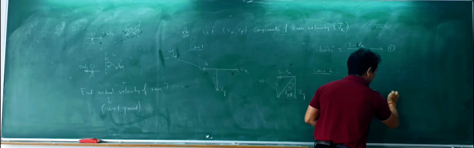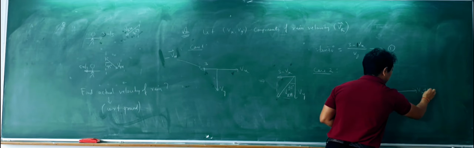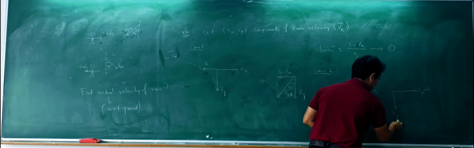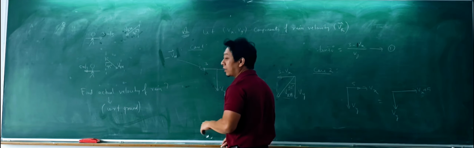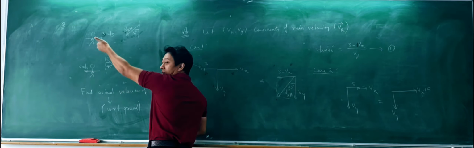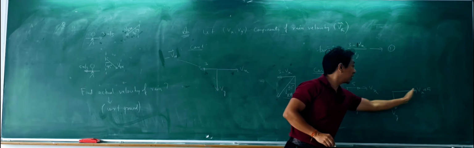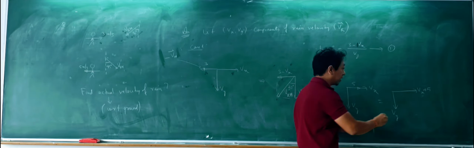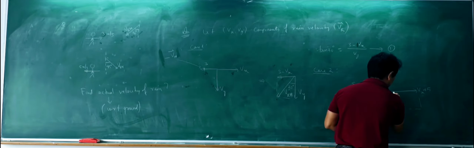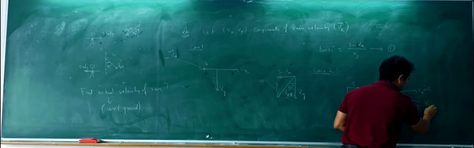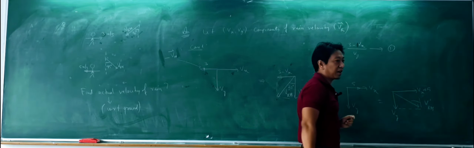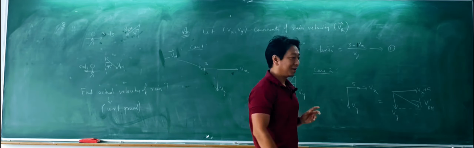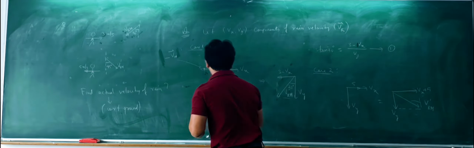That will give me Vx plus 5 and here Vy. And where does the person see the rain coming from? This way. So obviously the resultant of these two will be there. This is the velocity of rain with respect to the man in the second case. And what angle did they give? 45.